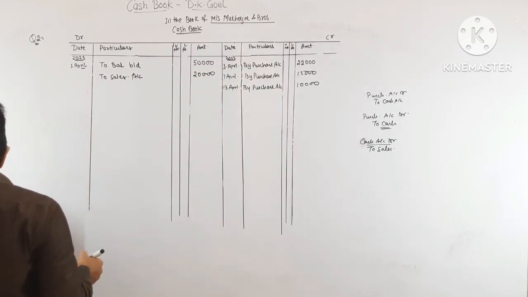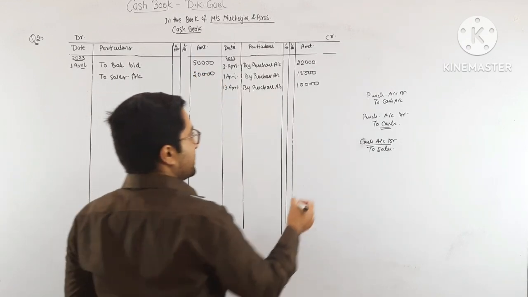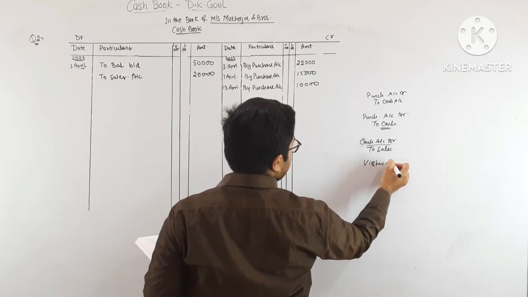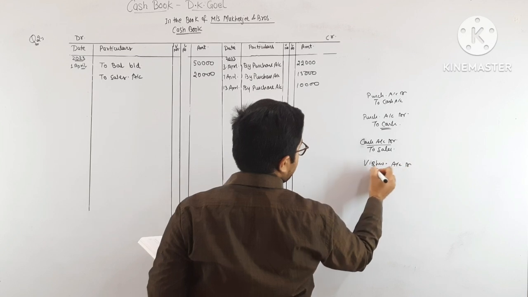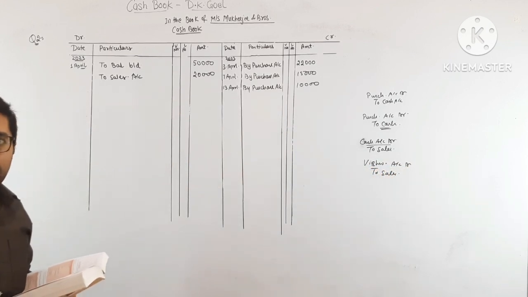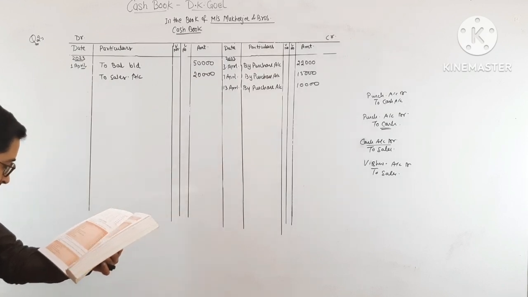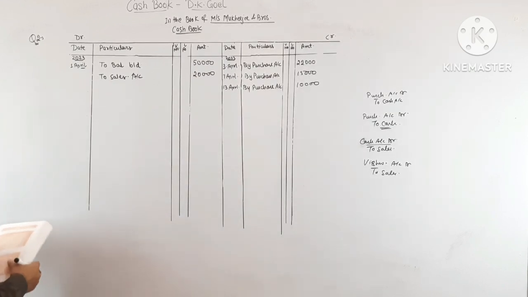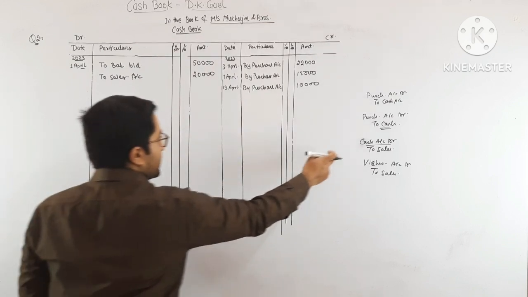Again sold goods to Vishwakarma. What will be the entry? Sold goods to Vishwakarma. So Vishwakarma account debit to sales. Here the name is given, so it is a credit sale and we will not record this. Next 20, sold goods to Raghunandan for the cash. So what will be the entry? Just like this.